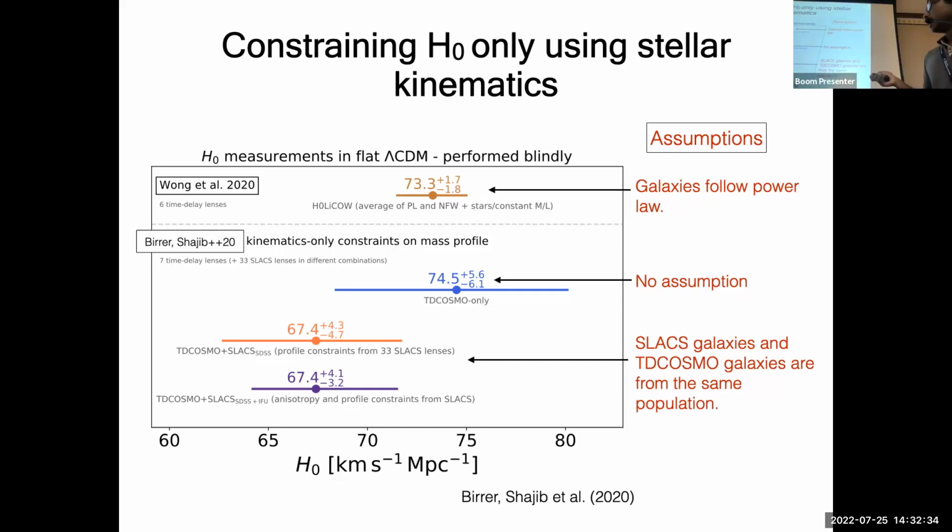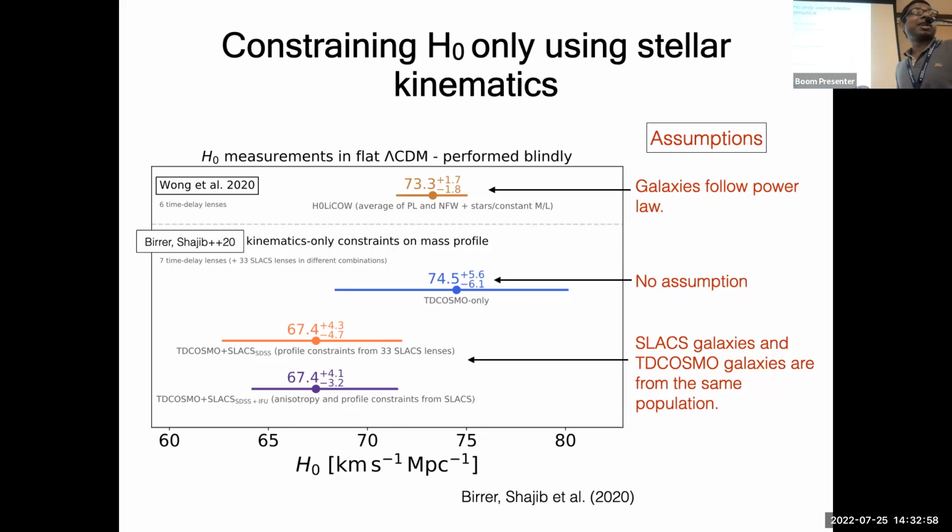So that's what is done for these last 2 points, where a sample of SLACS galaxies are used as a source of prior for the time delay lenses. And with this prior, the uncertainty decreases to 5%, but also it shifts towards a lower value, interestingly very close to the Planck value.